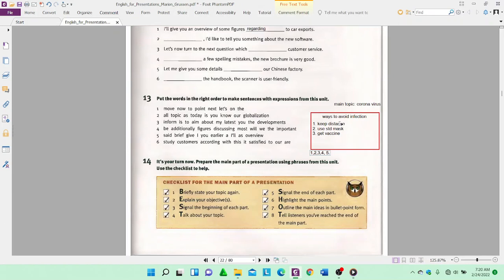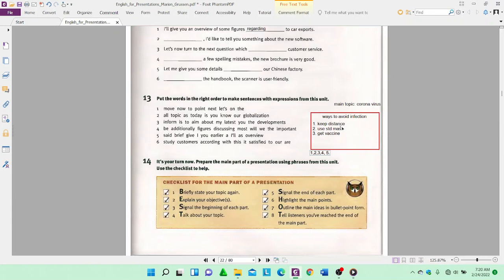Nah, itu kan talking about the topic sebenarnya. Ya, 4 berarti kan. Lalu 5, kita akan bilang, so much about keeping distance. Itu signal the end of each part.